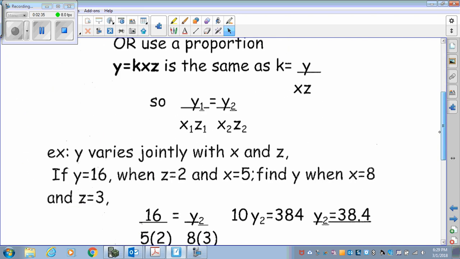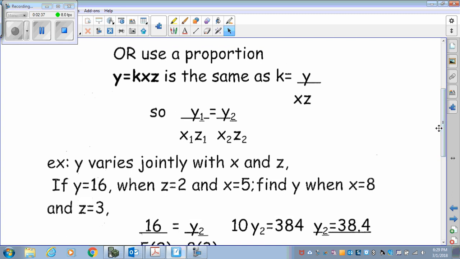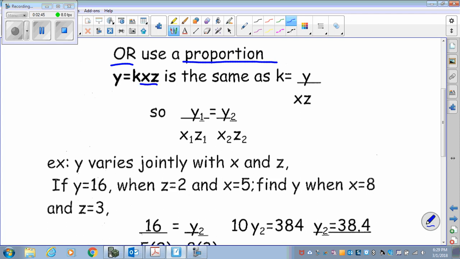Just like before, you could also use a proportion. So if we solve for k, to get k by itself, I would divide both sides by xz. So that goes away, and I get k equals y divided by xz, which is what I have over here.